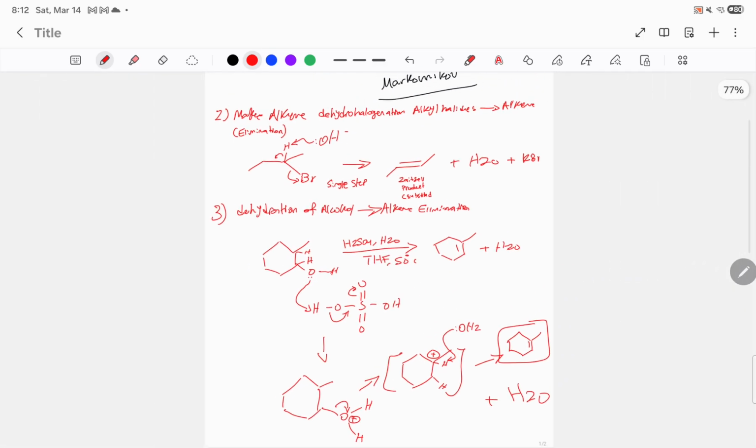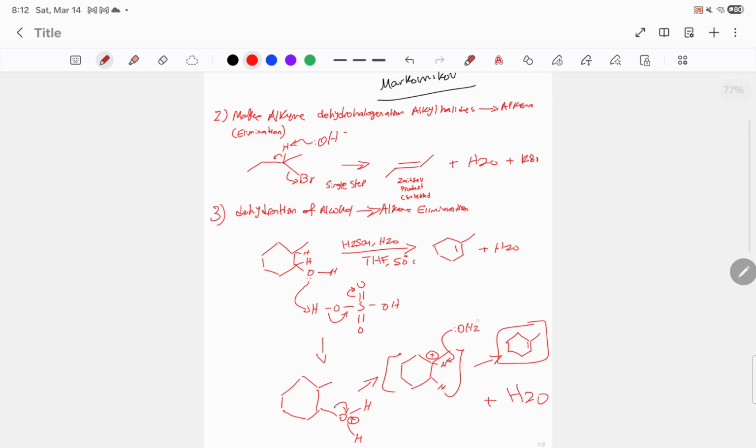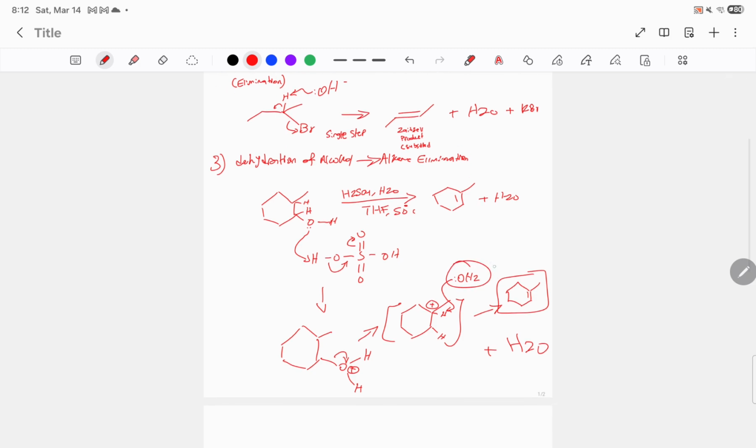That is the mechanism for it. This is the water coming in and making ourselves a hydronium ion. Once it grabs this proton, it turns into a hydronium ion, and essentially this is recreating our acid catalyst. So again, remember, this is an acid catalyzed reaction. There's reasons for this, but don't worry too much about it.